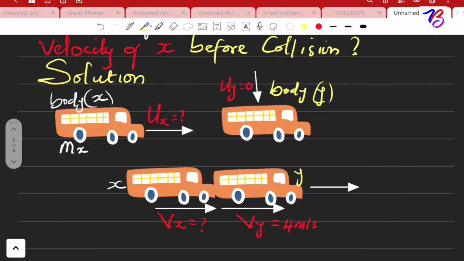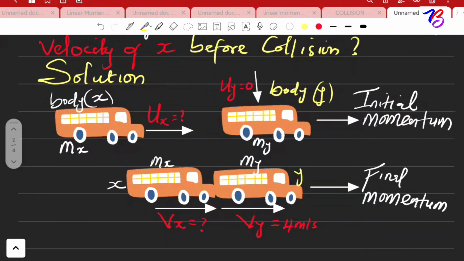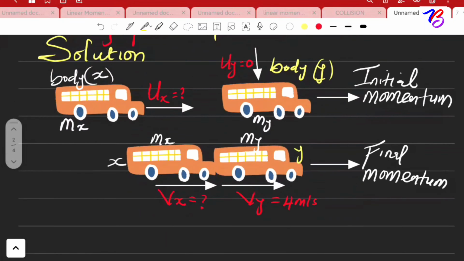We have m of x, m of y, m of x, m of y. This depicts final momentum, and the upper one depicts initial momentum.